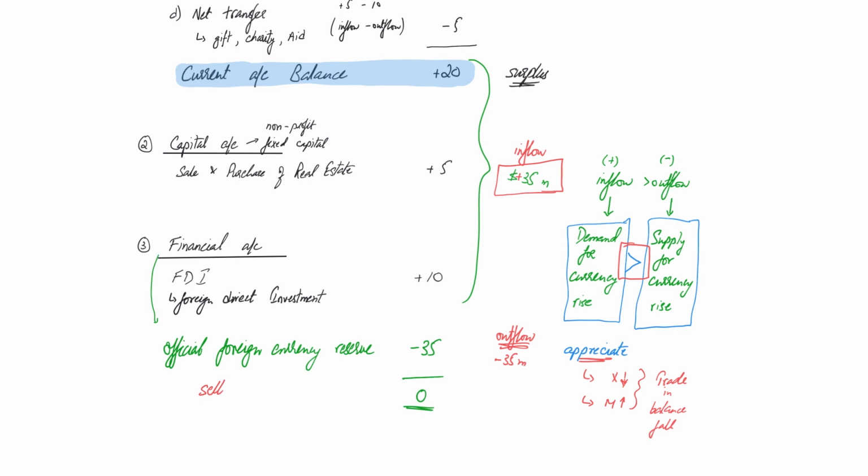So you sell it in the international market. Sell own currency, and in return you buy foreign currency. Since we are making it in dollars, we will sell our own currency, which is dollars in this case, and we will buy foreign currency.